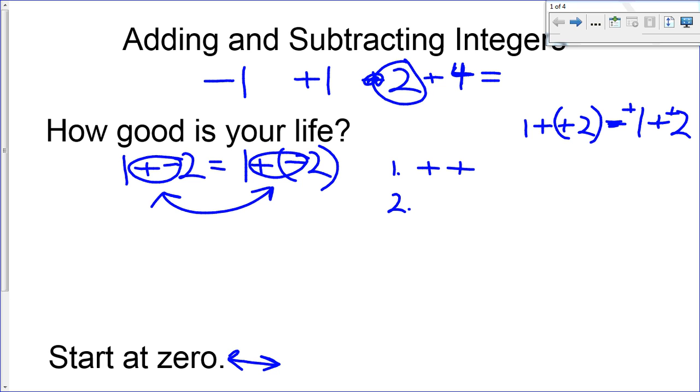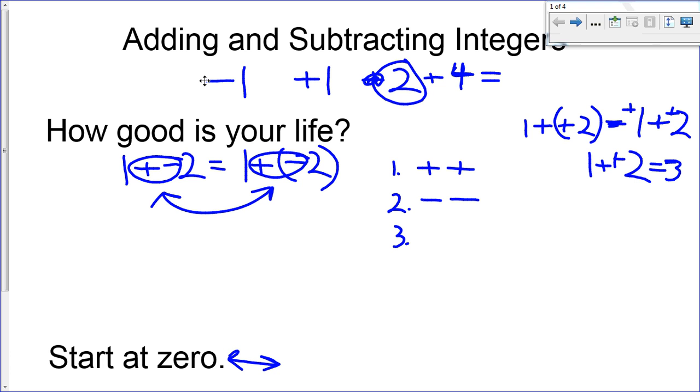The second scenario would be 2 negatives side by side. That would mean subtract a negative, 1 minus negative 2, equals 3, because we actually add, and we're just about to go over that.